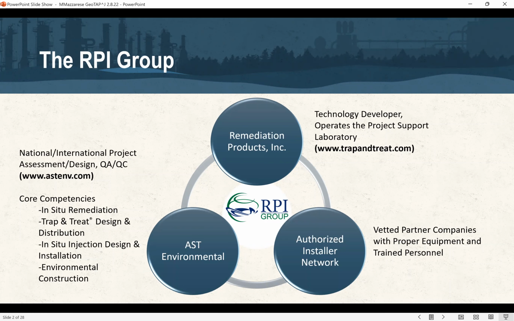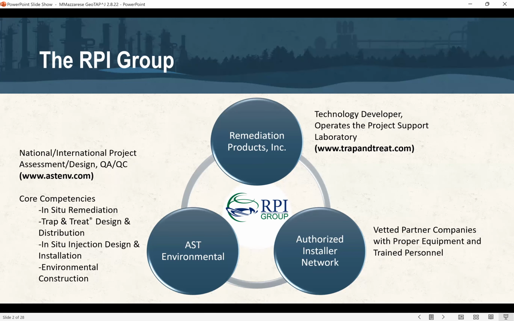That's my company. Our role in the group is to provide project assessment and design for projects within the US and internationally, and also provide QA/QC on the field implementation work. And there's our website, astenv.com.